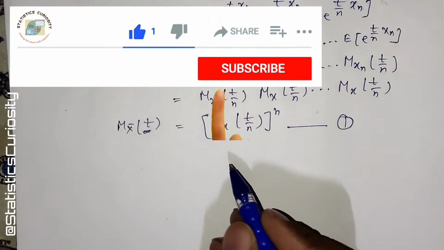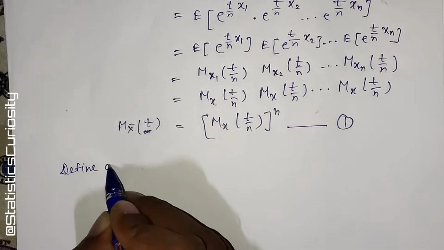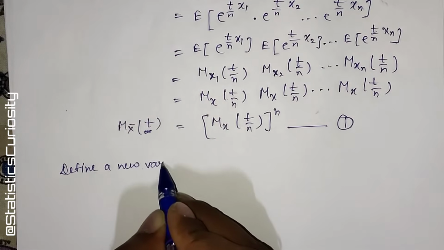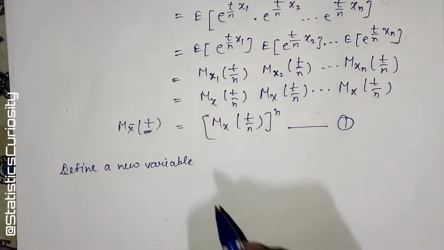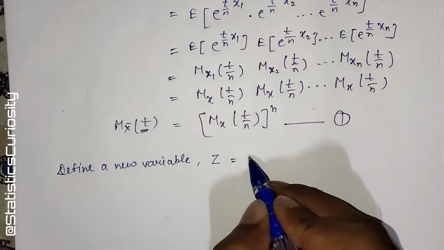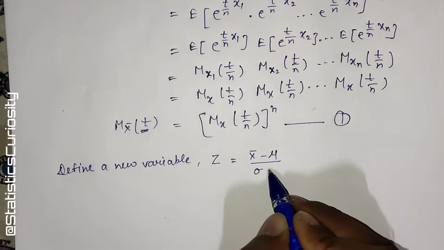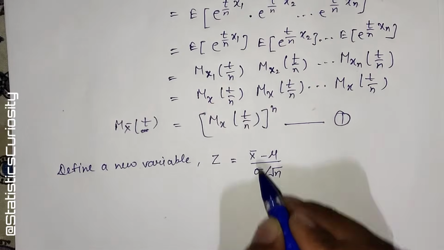Now what we will do, we will define a new variable Z that is equal to X bar minus mu divided by sigma divided by square root of n.